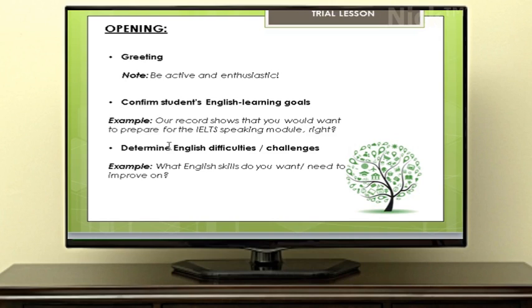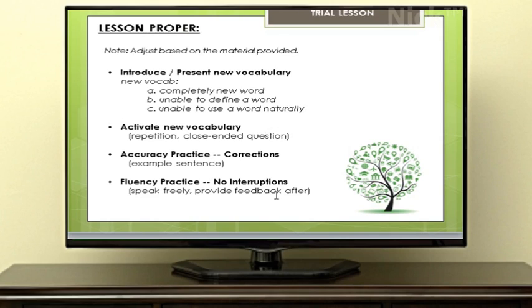The next part is the lesson proper, which is 15 to 20 minutes. Take note that we adjust this based on the material provided. You have to be flexible based on the material that you'll be using. But there are 4 important points that you have to remember.